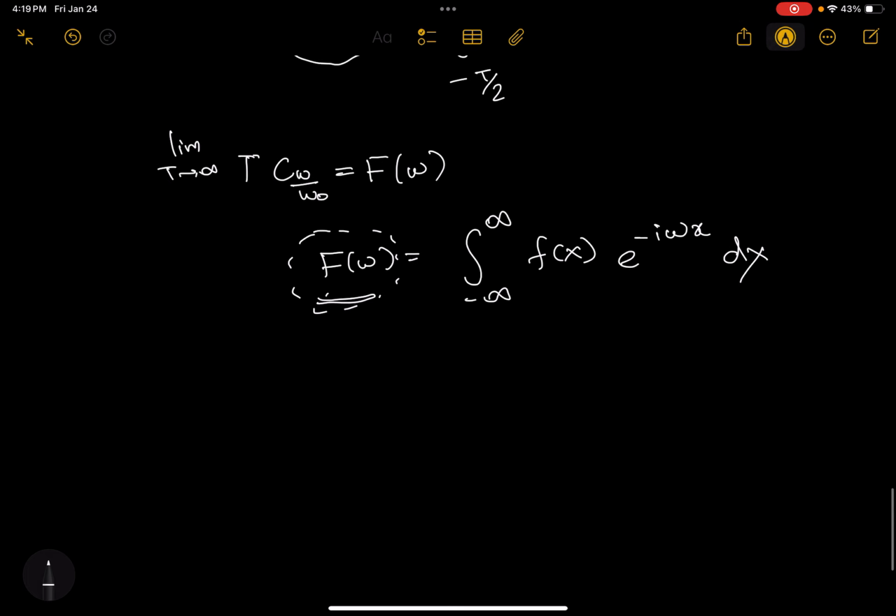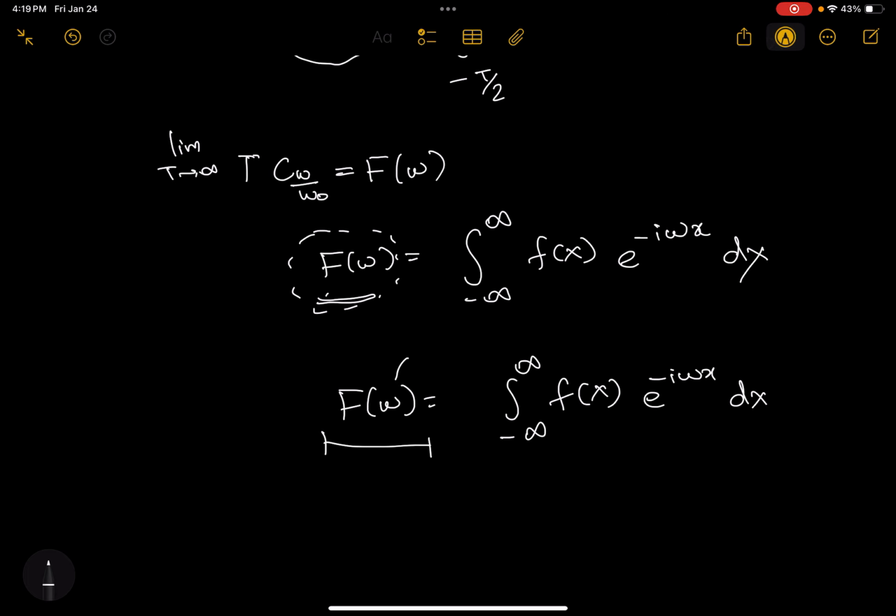That's why this is important. The Fourier transform gives a function capital F of omega that tells us how much of any angular frequency is in a given function f of x.